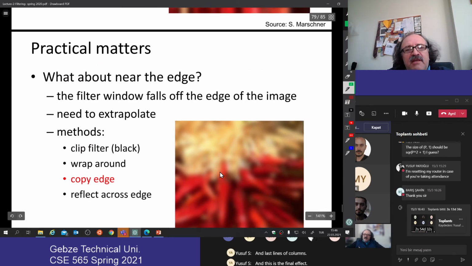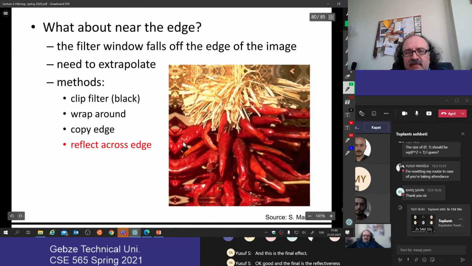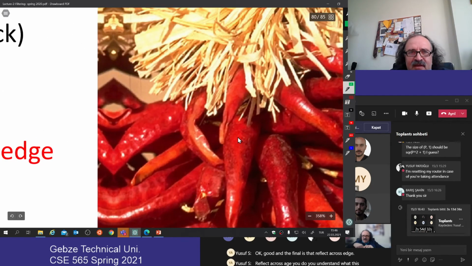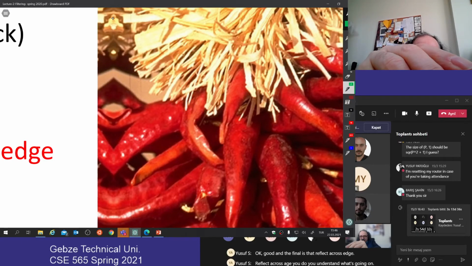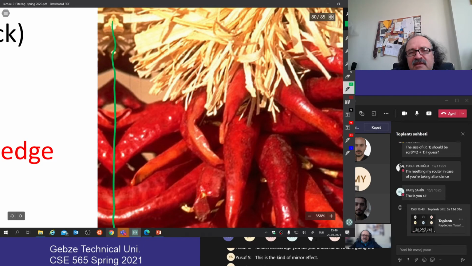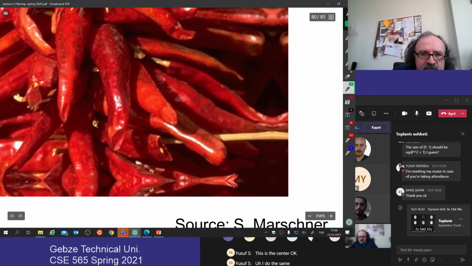Okay, good. And the final is the reflect across edge. Reflect across edge, you understand what is going on? This is the kind of mirror effect. This is the center, okay? And I do the same thing here too.